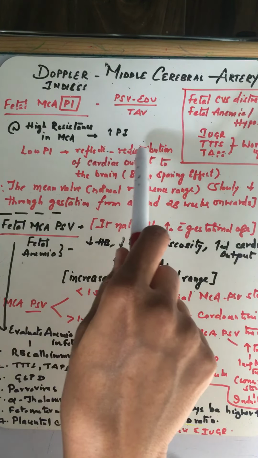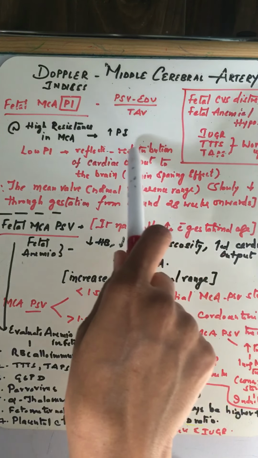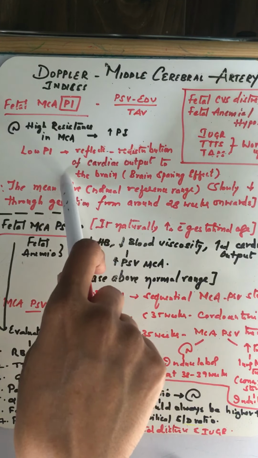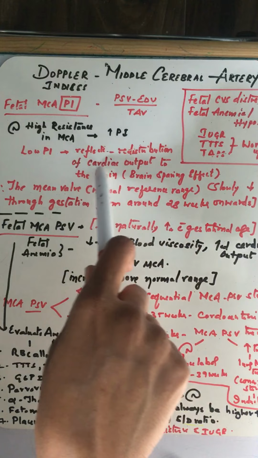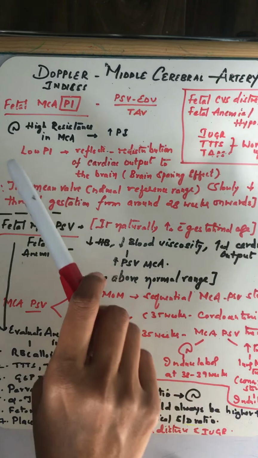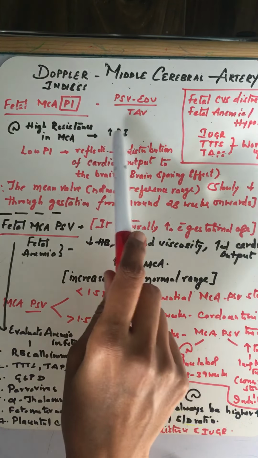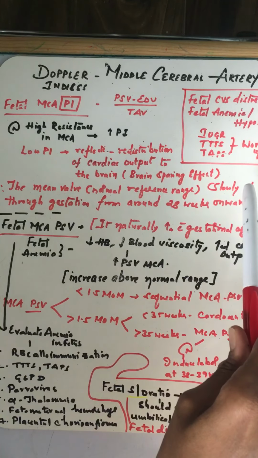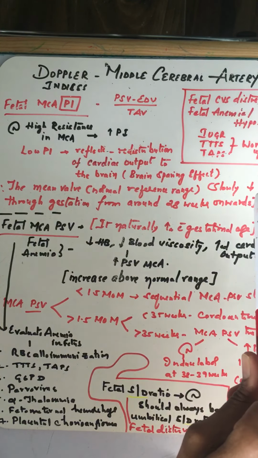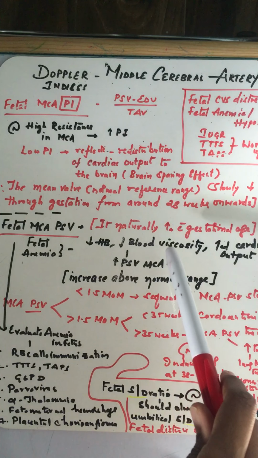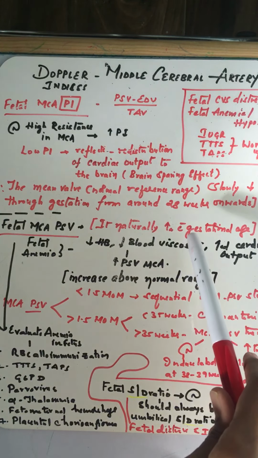A low PI tells about the brain sparing effect, where resistance will be less, and it reflects the redistribution of cardiac output to the brain. The normal reference range of the PI slowly decreases throughout gestation from around 28 weeks onwards.